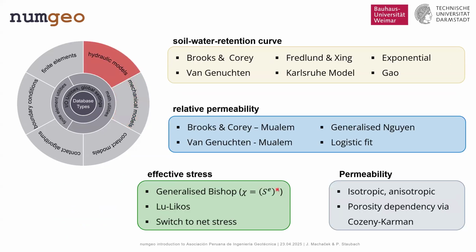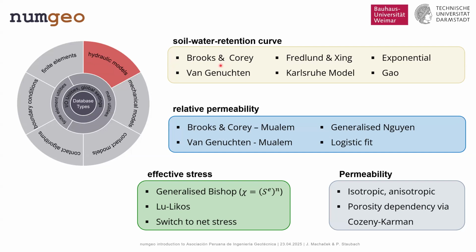Now, apart from the constitutive models that interrelate the stress with the strain, we obviously also need more constitutive models if we want to model soil, especially once the soil is saturated or partially saturated. So for that, we need soil water retention curves or saturation suction relations, depending on which term you want to use.